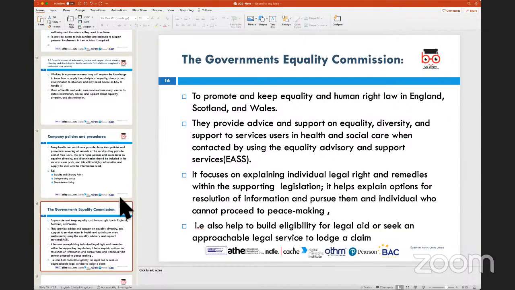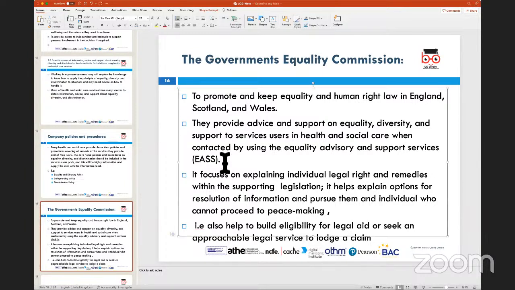The second place where you will get this source of information would be the government's Equality Commission. Now, in order to promote equality and human rights in England, Scotland, and Wales, the government has set up this commission, which is called the Equality Commission, and it is called the Equality Advisory and Support Services, as an agency, which is called the EASS.